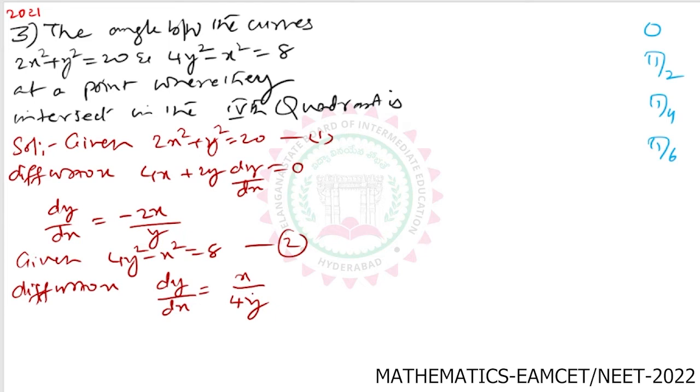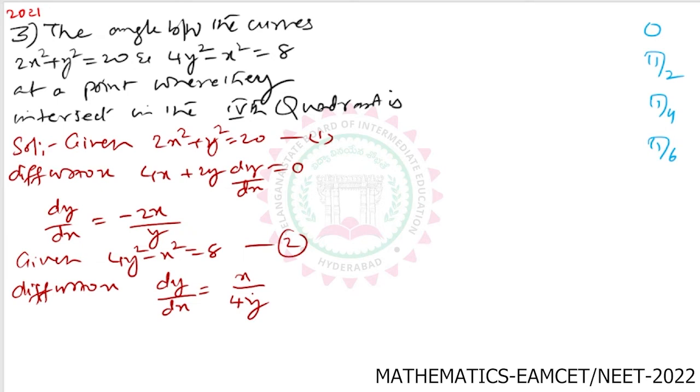Is it clear? Now, what he is asking? Point of intersection. So, it means that I have to solve the two curves, both 1 and 2, and I have to get the point of intersection.